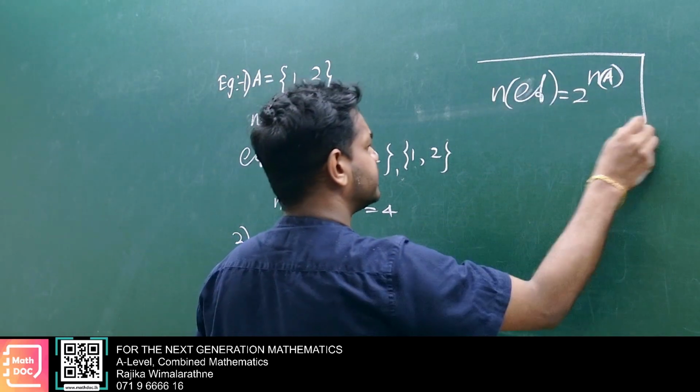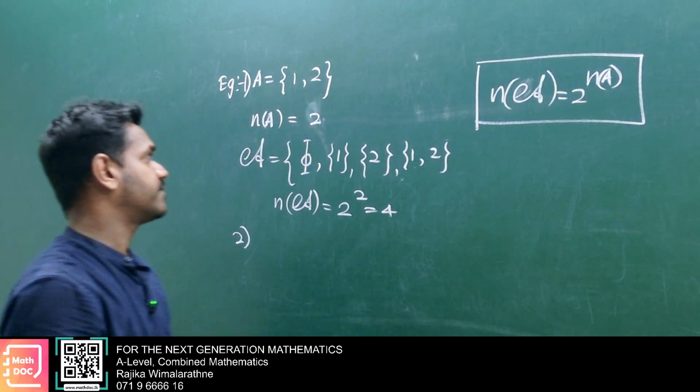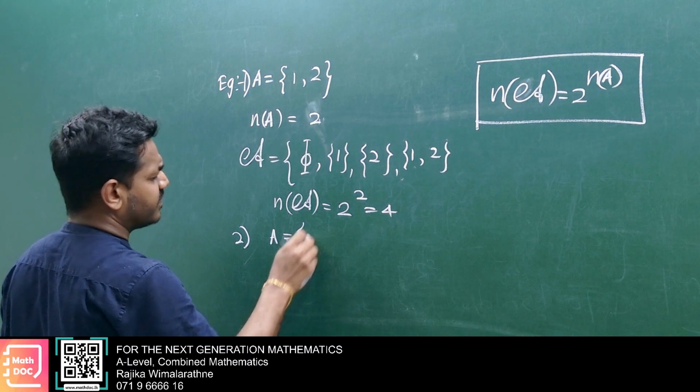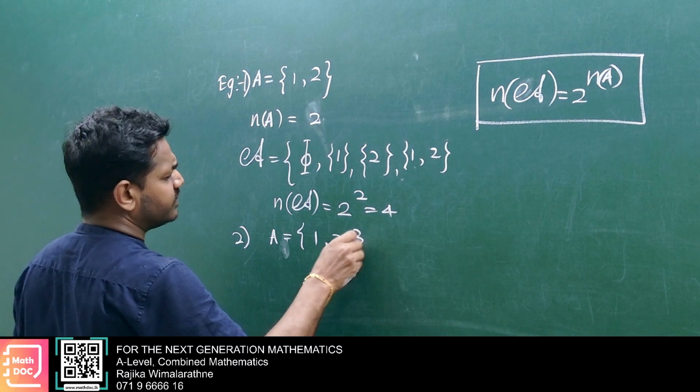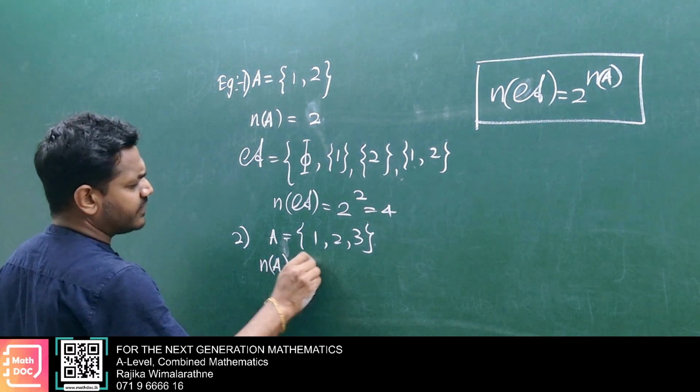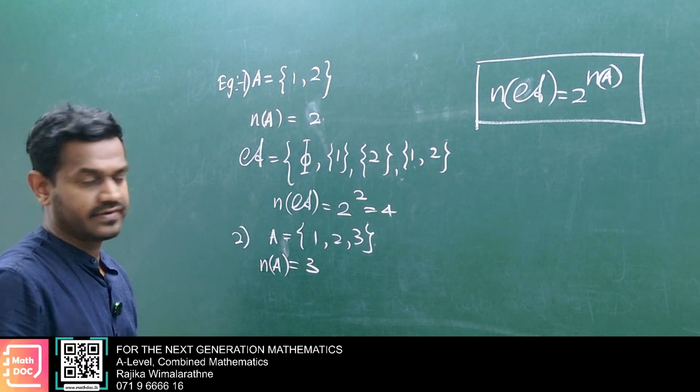By the side, write down this. Then A = {1, 2, 3}, n(A) = 3. Write with me.